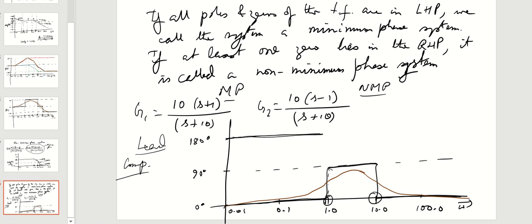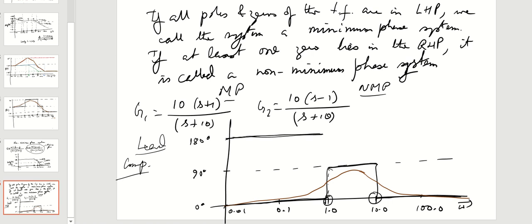You are specified that within this frequency band I need a phase lead of so and so, and within this frequency band a phase lag of so and so, and accordingly you design. The specifications will be in terms of frequency domain performance metrics. Anyway, we digress a bit, but I thought this is important and interesting. So now you also know why that sort of transfer function is called a lead compensator.